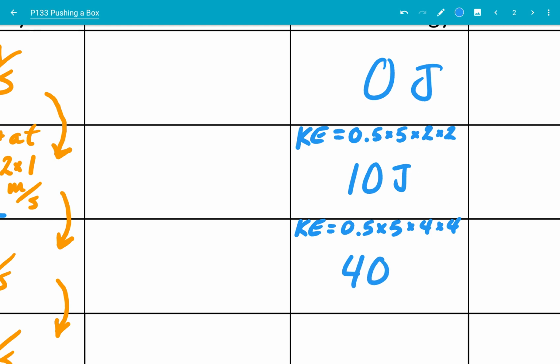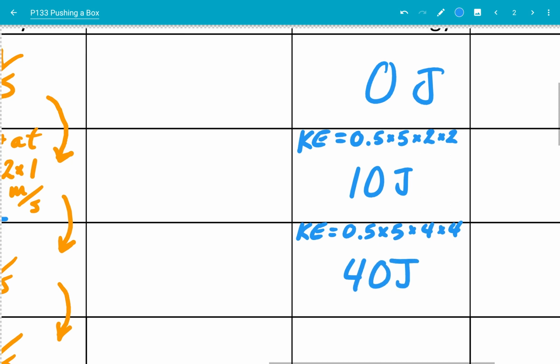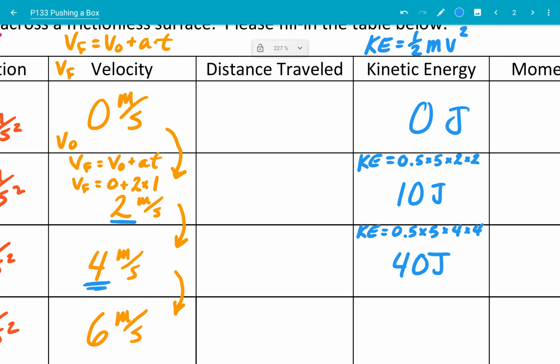So we would have 40 joules of kinetic energy. Again, we doubled our velocity from 2 to 4, and we quadrupled our kinetic energy from 10 to 40. So just keep that in mind.